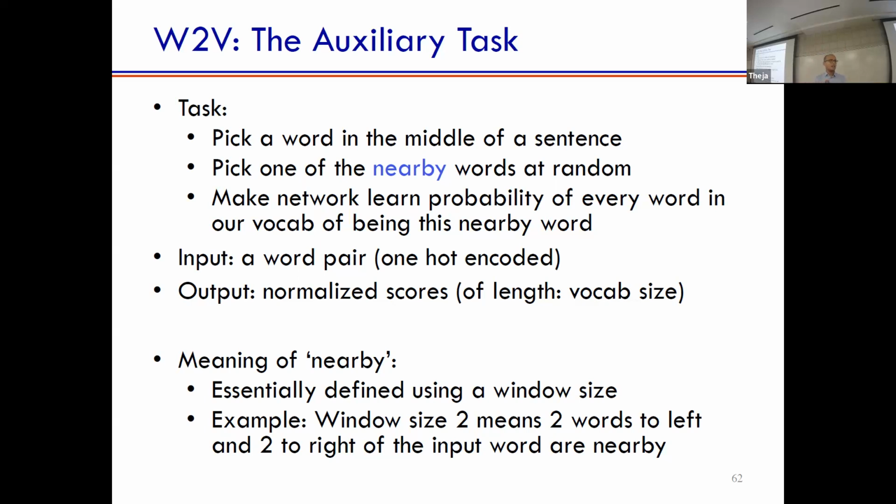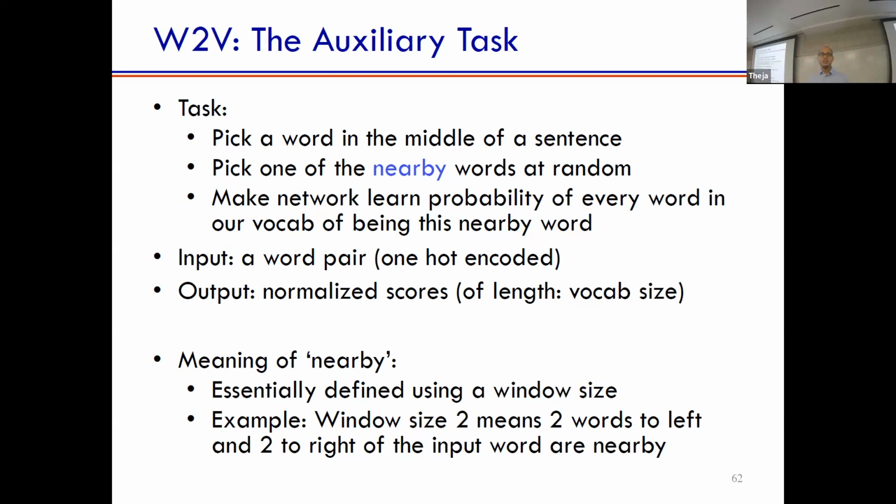These two form the input-output pair. Given the chosen word, you're trying to predict whatever random word you chose in the neighborhood. So you pick two words: one will be input, one will be output.